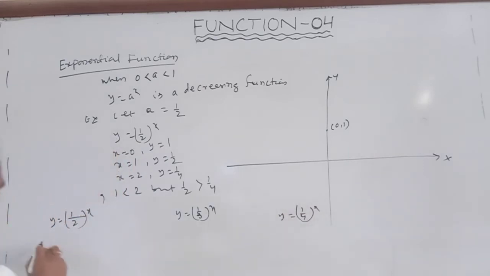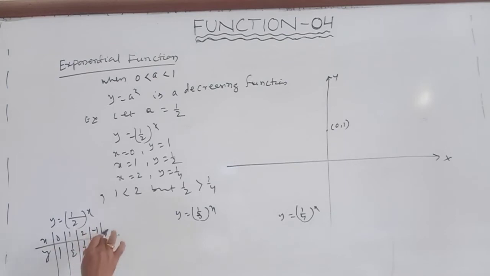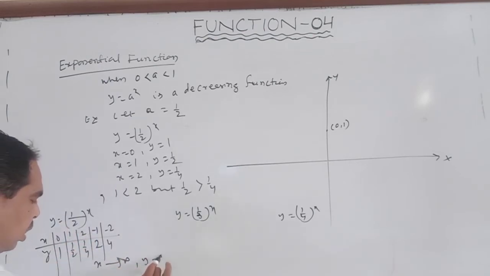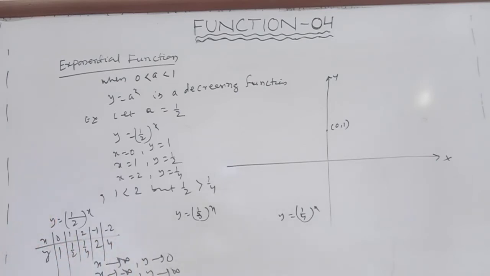Okay, so x, y, x 0, y 1, x 1, y half, x 2, y 1 by 4, x minus 1, y 2, x minus 2, y 4. When x approaches infinity, y tends to 0. When x approaches minus infinity, y tends to plus infinity.